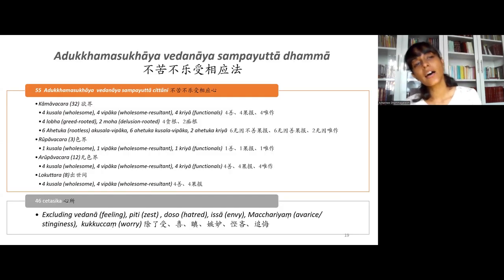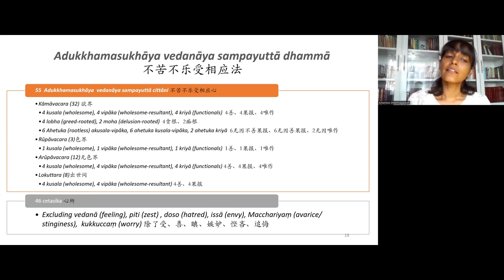Now we come to the last term, Adukkhamasukhāya, vedanāya, sampayuttā dhammā. Here again, what we get are only Chitta and Chetasika. We get 5 Upekkha Sahagata Chitta and 46 Chetasika. The Chitta belong to all 4 planes: Kāmāvachara, there are 32, Rūpāvachara 3, Arūpāvachara 12, and Lokuttara 8.